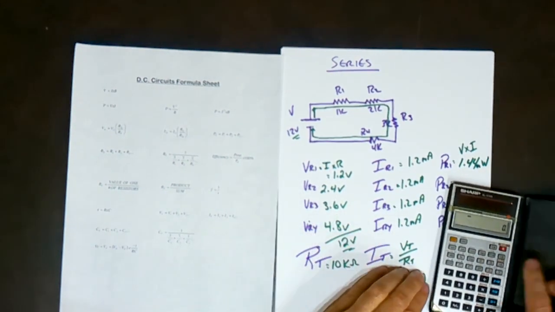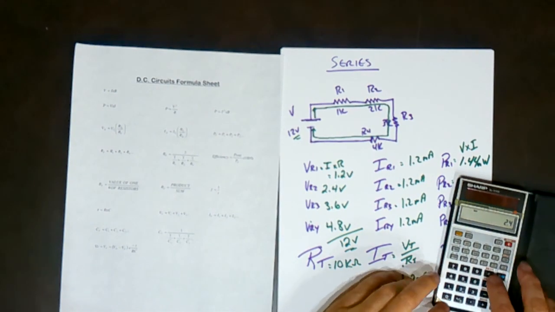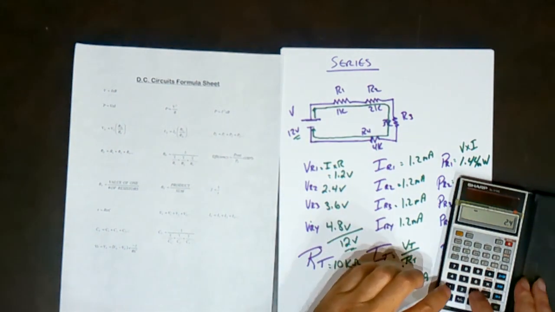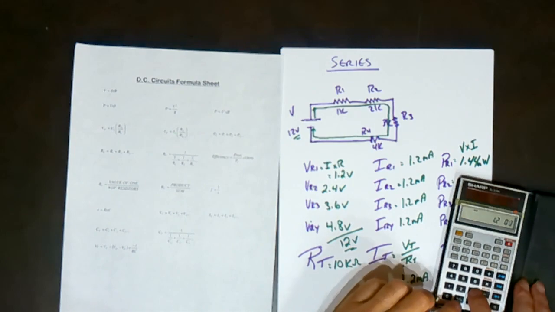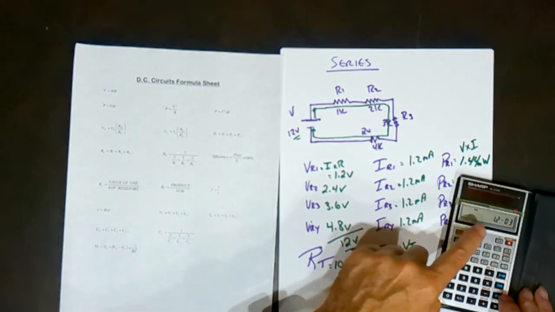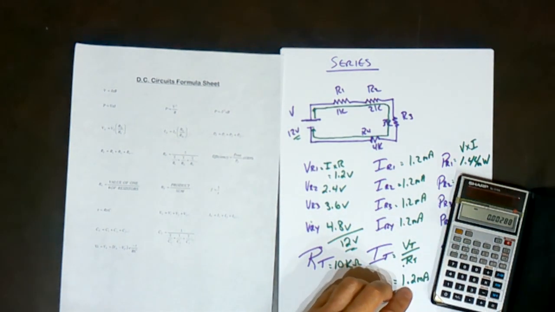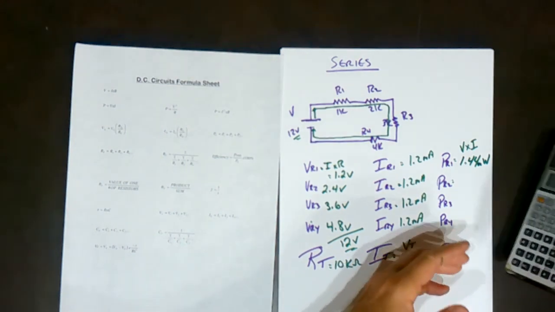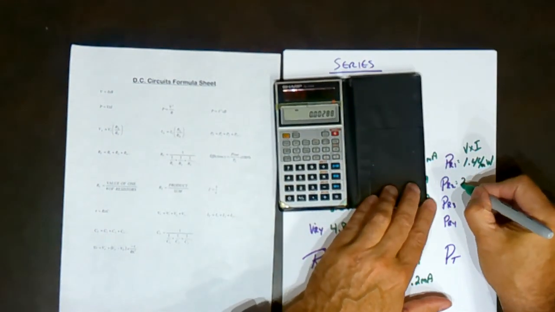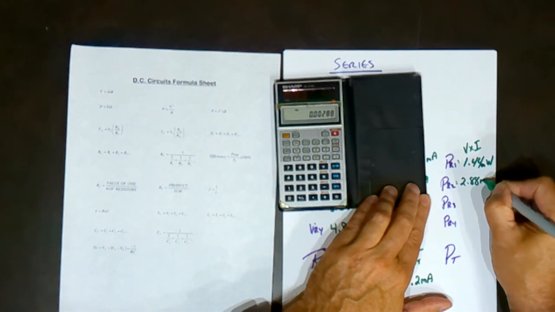The next one is 2.4 times 1.2 milliamps equals 2.88 milliwatts.